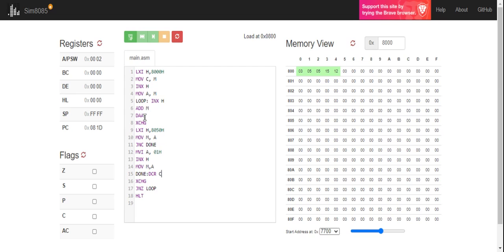Another thing that you need to know is DAA. What is DAA? It is decimal accumulator adjust. What is going to happen over here is it is going to convert the hexadecimal number into a decimal number. How is it going to do that? It is going to add number 6 to my particular hexadecimal number, and from that I'll be getting my equivalent decimal number. So I need a number 10. Hexadecimal number for 10 is equal to 0A.